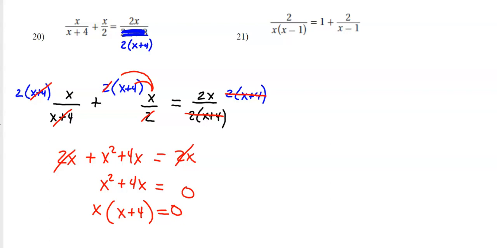And zero product property, x is either going to be 0 or -4. So I go up top, I do have a slight problem in that when I try this -4, it gives me a 0. So you're not allowed. The only answer here that we can accept is x equals 0. Final answer.